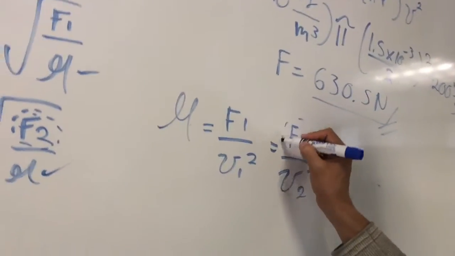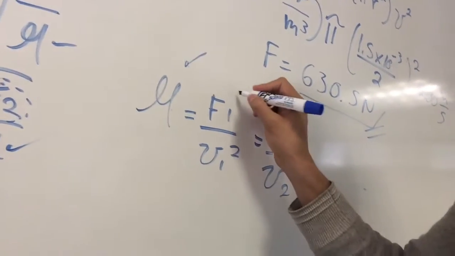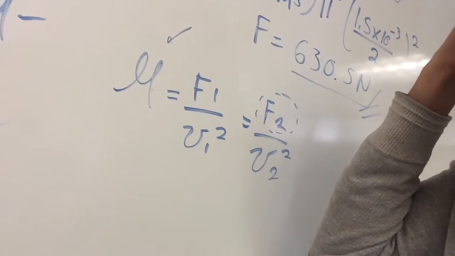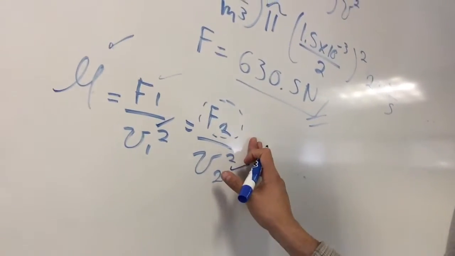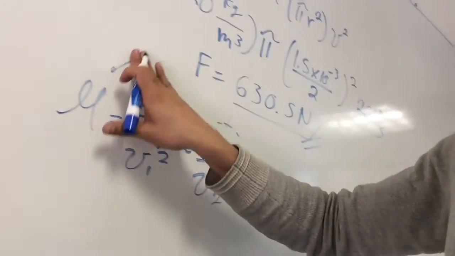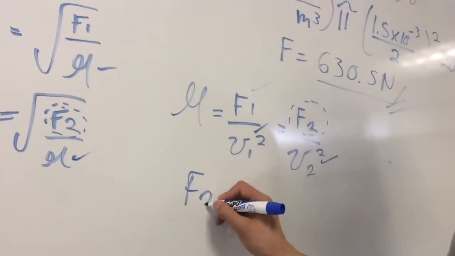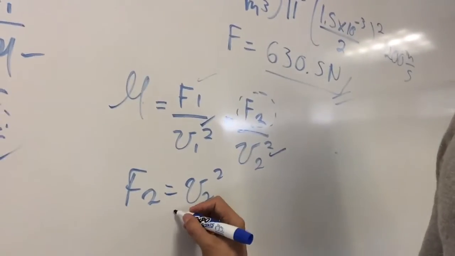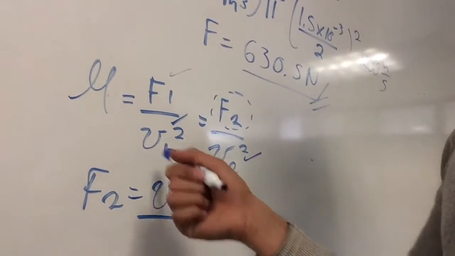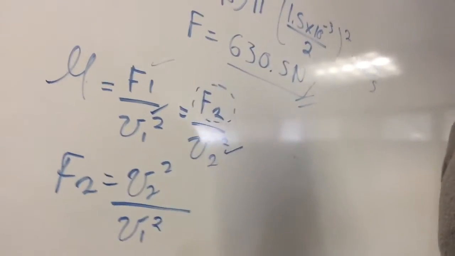Now, we are asked to obtain force 2. We have this one, we have this one, and we have this one. For obtaining this one, we won't really need this one, okay? We only have to use the three values. So force 2 will be equal to velocity 2 squared times force 1 over velocity 1 squared.